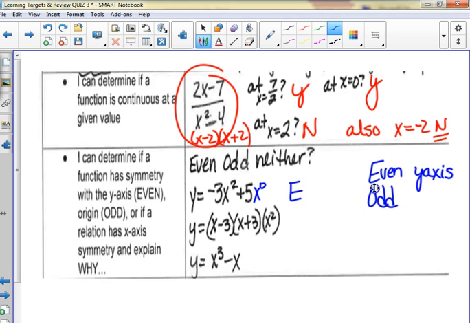Odd is origin symmetry or point symmetry around the origin. This one I think looks like this. Did anybody graph that one? Is that what that one looks like? So what do we get?